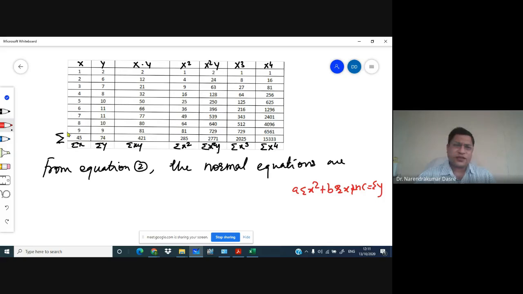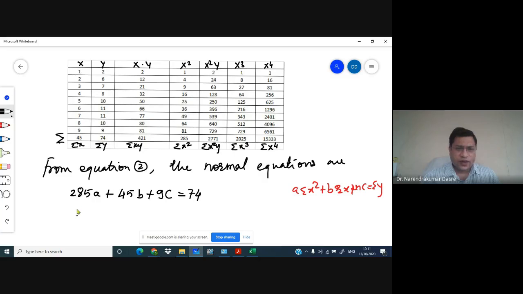Using this, I'm writing the normal equations now. So we have 285 times A plus 45 times B plus 9C, since there are 9 observations, is equal to summation Y, 74.